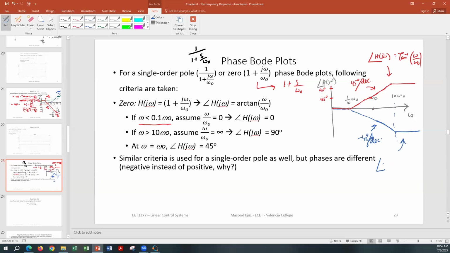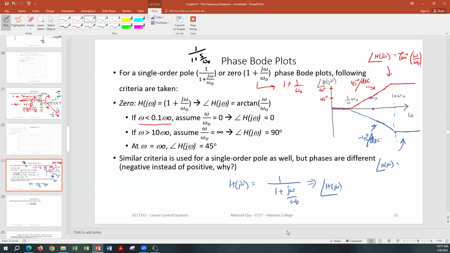All right, what will be the phase angle for the pole if you have H of j omega equal to 1 over 1 plus j omega over omega naught? What will be the phase angle for this? Expression for the phase angle. Negative arctan of omega over omega naught, yes.